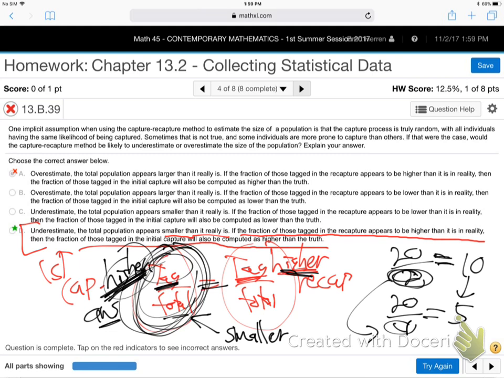And that is what? That's the total population. That's why they're saying underestimate the total population. It gets smaller. That's what tends to happen. So that was a little bit of advanced thinking about fractions and how that works. That's how a statistician would think about the fact that the fish are more catchable. That's going to tend to underestimate the population a little bit. All right. I'll move on.